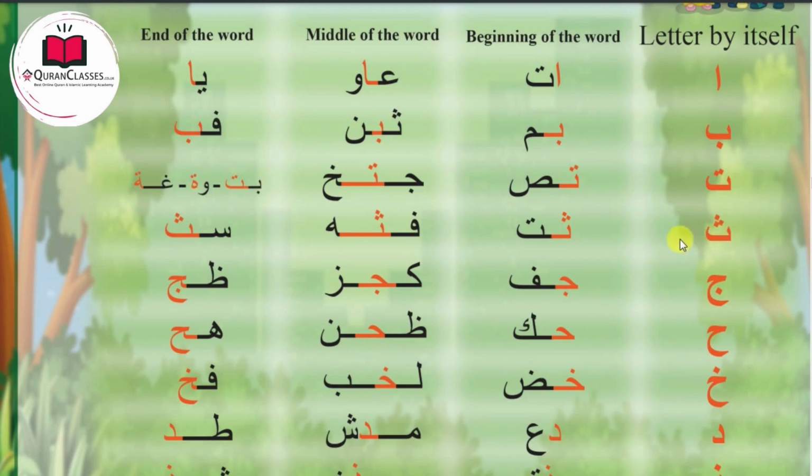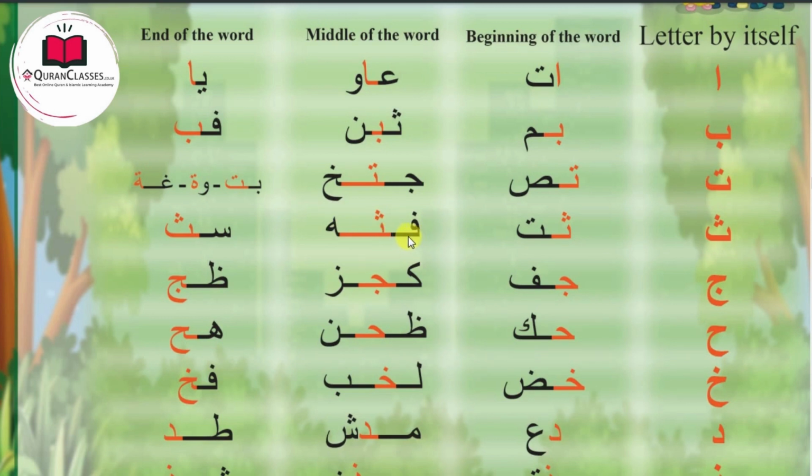Okay, now we're going to Tha. When Tha comes at the beginning of the word, it looks like this. Tha Ta. First one is Tha, after that we can see Ta. When Tha comes in the middle of the word, we can see it like this. Fa Tha Ha. It's a join of three letters.